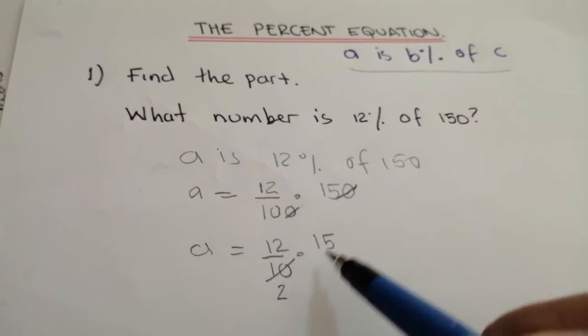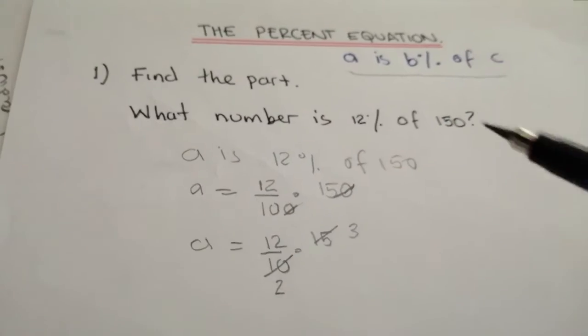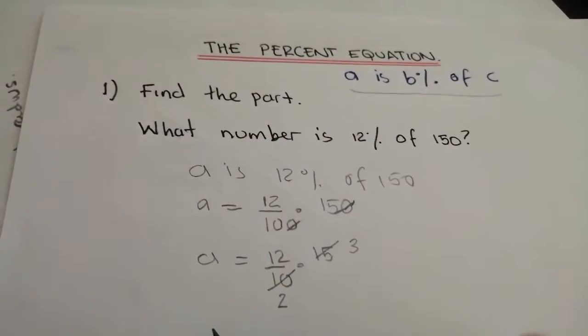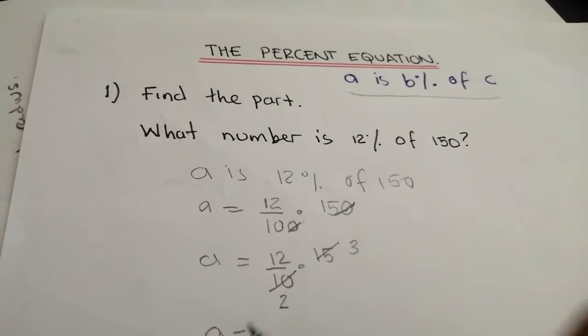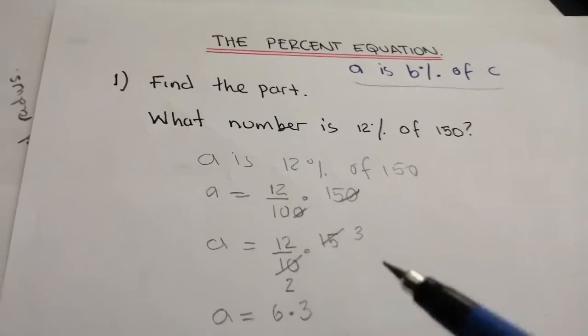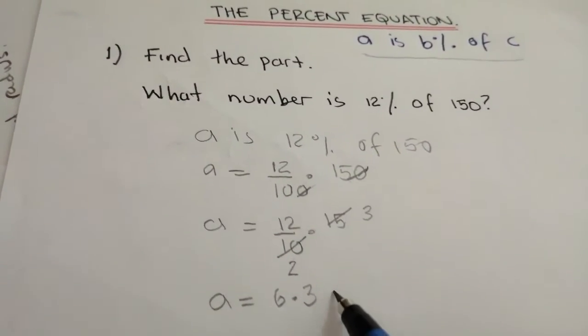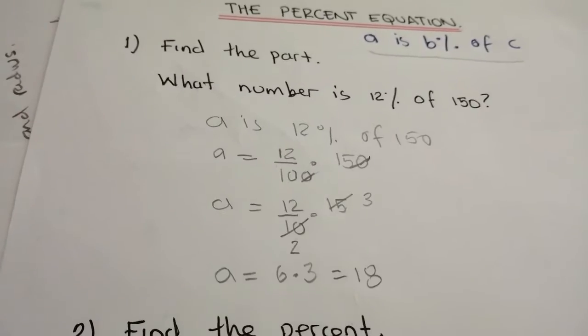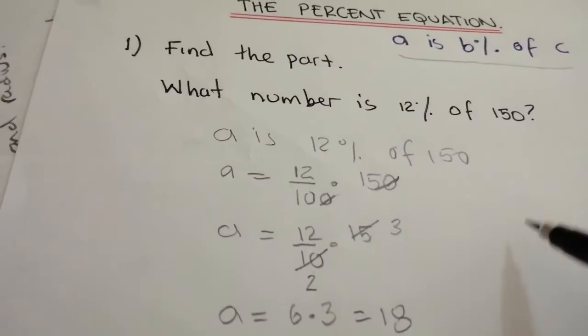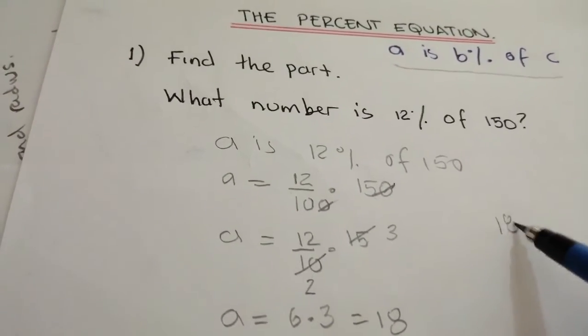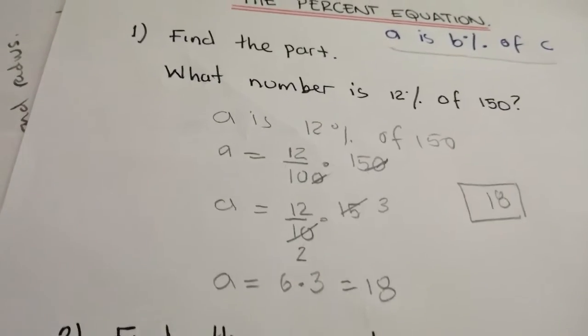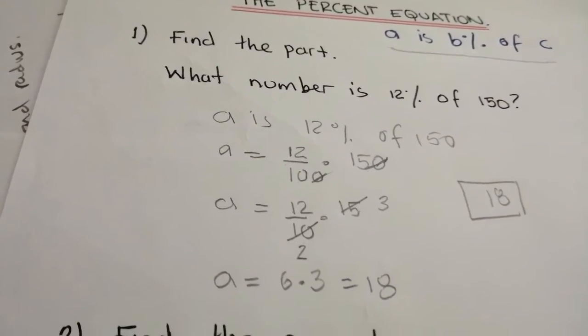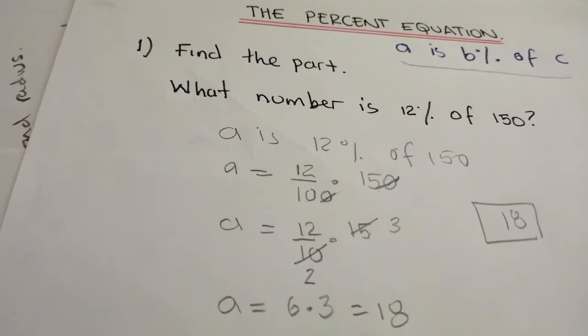So this becomes a 2 and this will be 3. Since 12 divided by 2 is 6, my problem has become the product of 6 times 3, which is 18. So the answer for this first problem is 18. So the part 18 is 12% of 150.